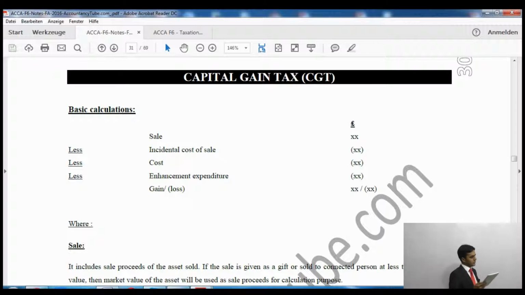It will be A over A plus B. The first A is the market value of the part disposed of, whatever we have sold, which is obviously going to be our sales value, and B in this formula is the remaining part of the asset. So if we have sold 2 acres of land, the value of those 2 acres is going to be A, and the value of the remaining 2 acres is going to be B. So it is A over A plus B.